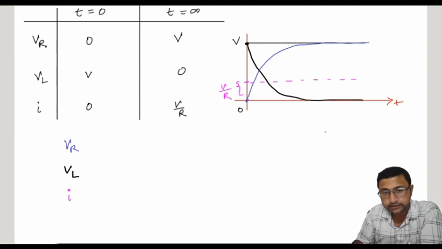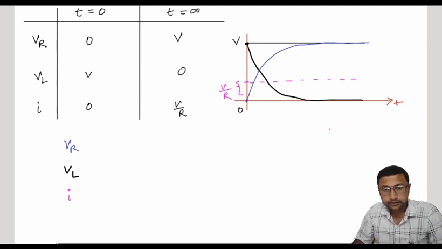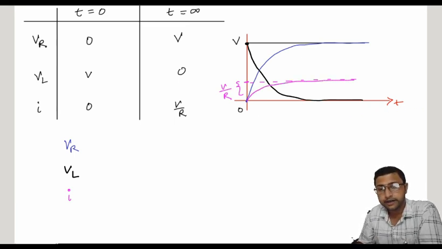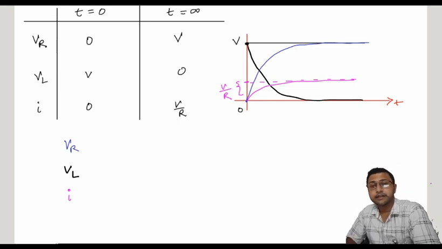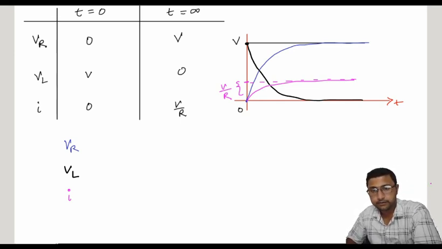So the graph will look like that. It starts from 0 and reaches V by R at t equal to infinity. Very simple. So this is the graphical representation of the DC transient analysis: the inductor voltage, the voltage across the resistance, and the charging current.